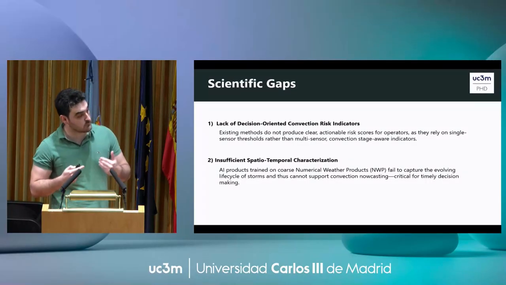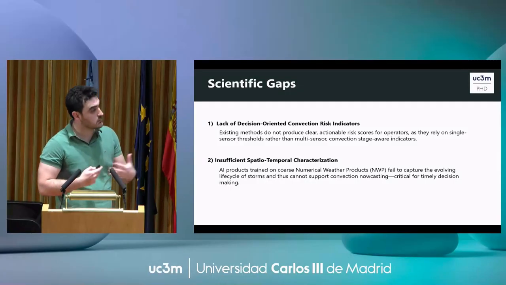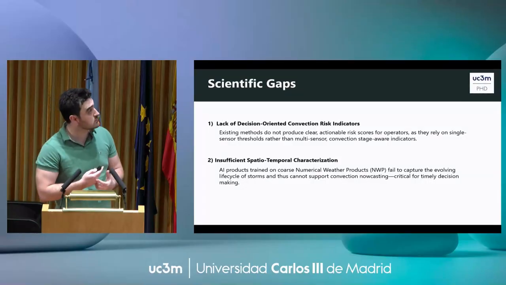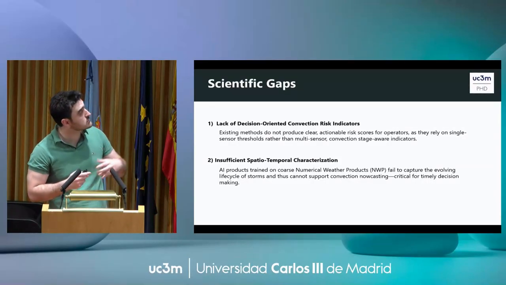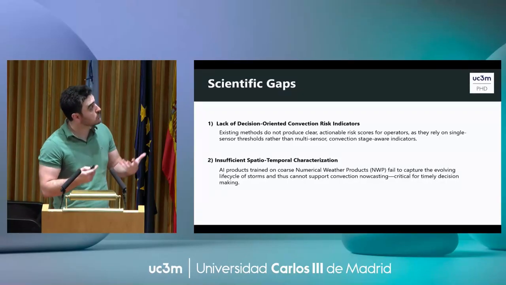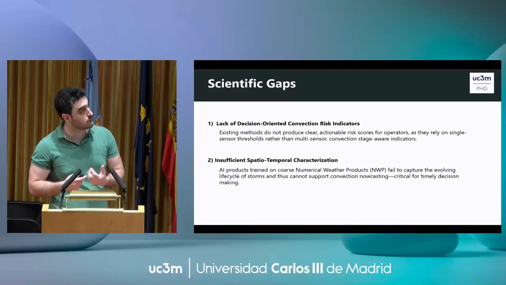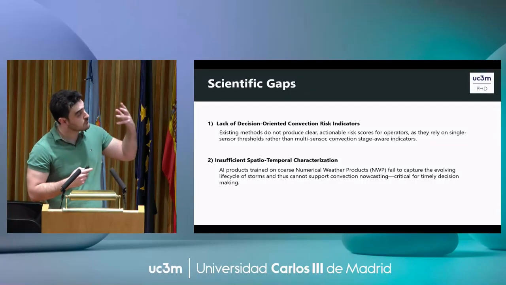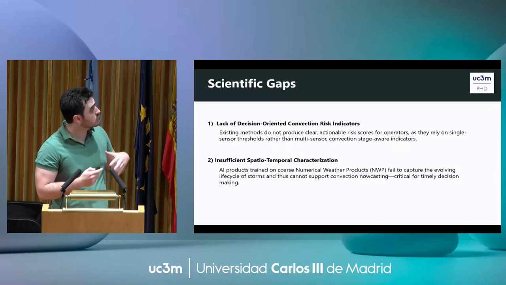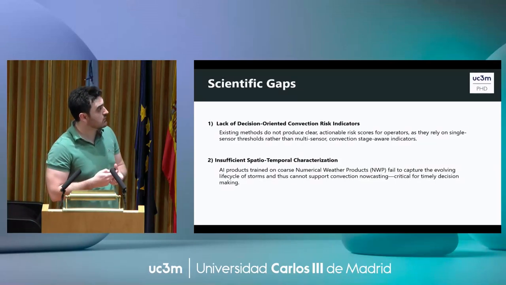And in a project in which we are participating, I'm receiving a lot of feedback about the data sources that they trust. Satellite is not one of these data sources, so one of the objectives that I have is to create a more robust risk indication for convection by merging the different data sources that we have available. And also the second part is the insufficient spatial-temporal characterization.